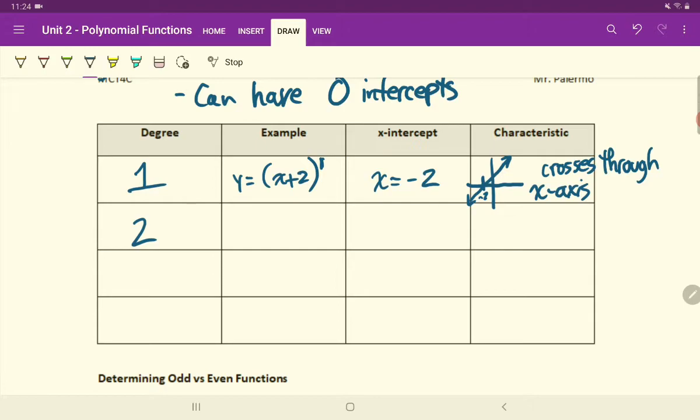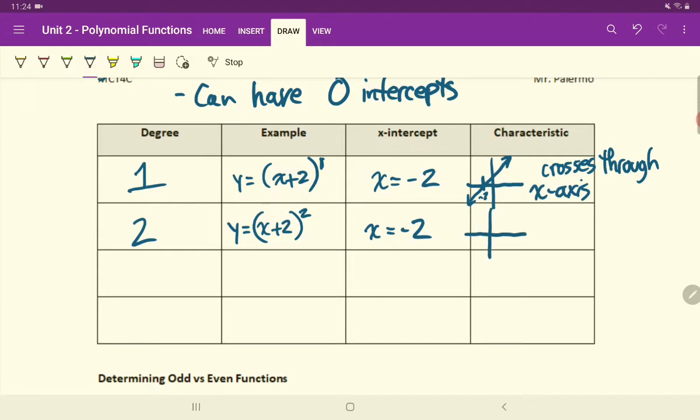That only has one example there, but let's look at degree 2. What if we have a degree 2 that looks like this? What is our x-intercept? Again, it's -2. But look at the difference now.